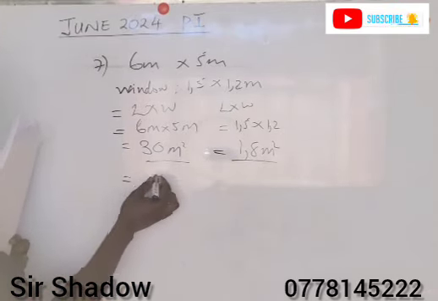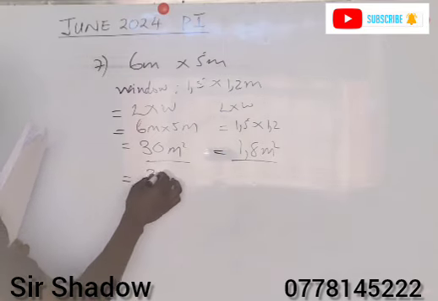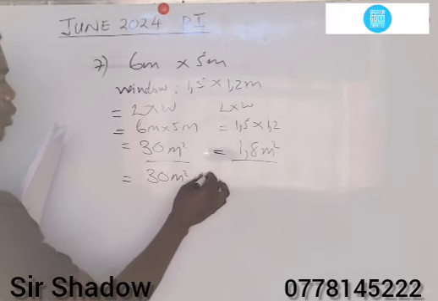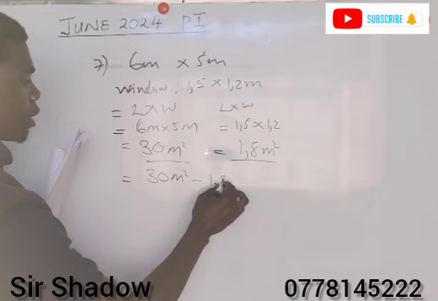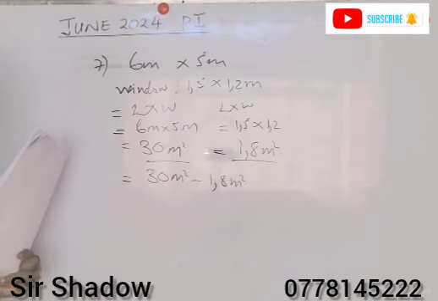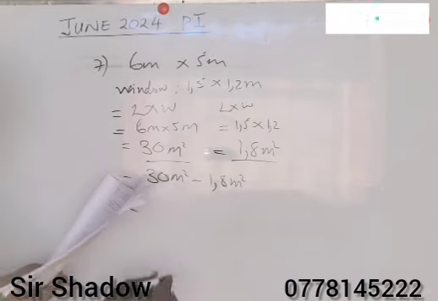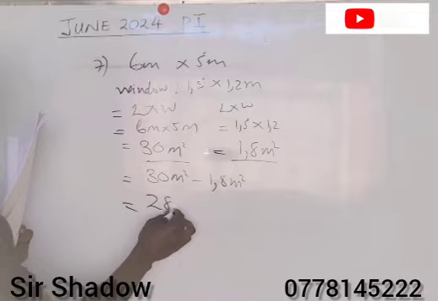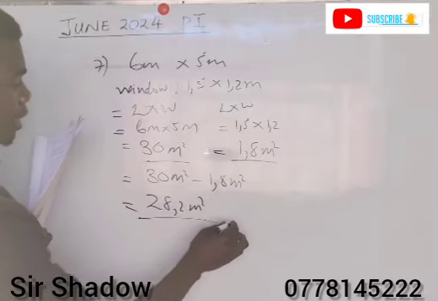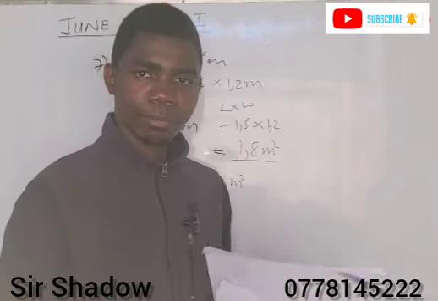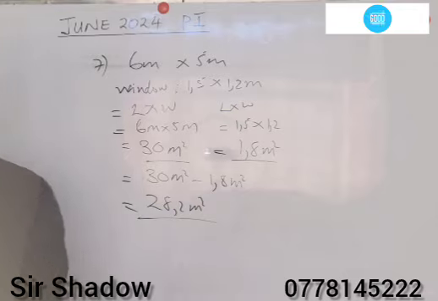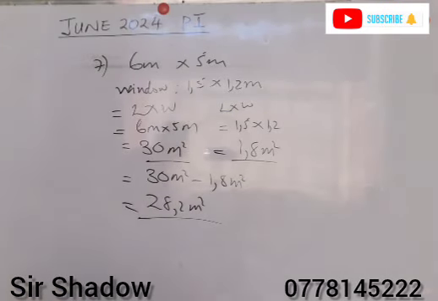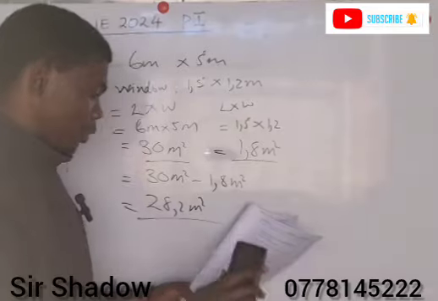So the area to be painted is equal to 30 meter squared minus 1.8 meter squared. So we are left with 28.2 meter squared. This is the area we need to paint after eliminating the part of the window we don't want to paint. Let's move on to question number 8.